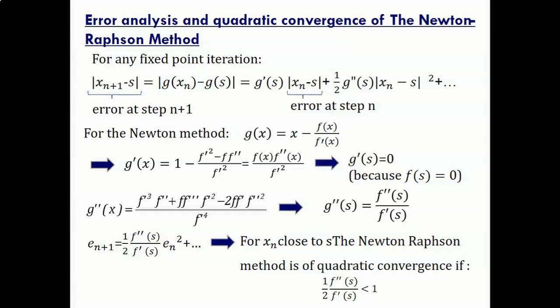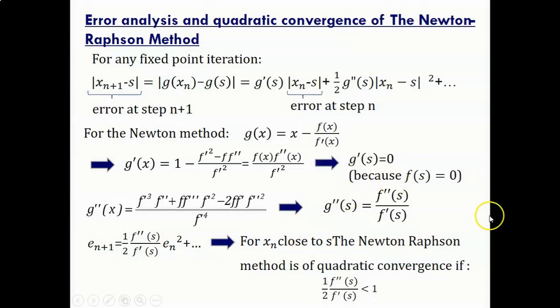So this method will converge very fast, because, for example, if we have an error of 10 minus 2 at the step n, then we will have an error of 10 minus 4 at the step n plus 1, an error of 10 minus 8 at the step n plus 2, etc.